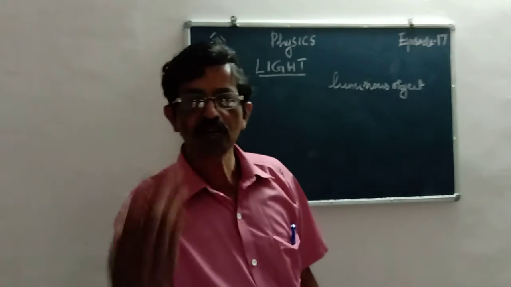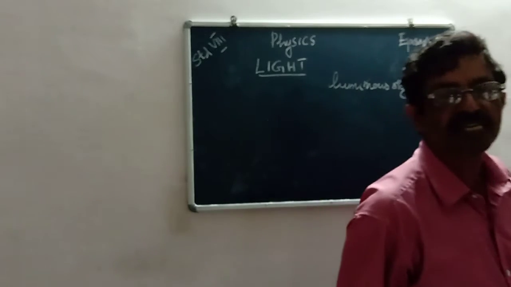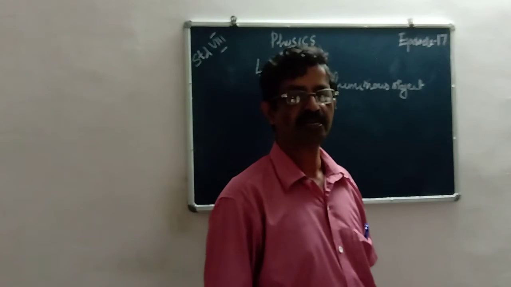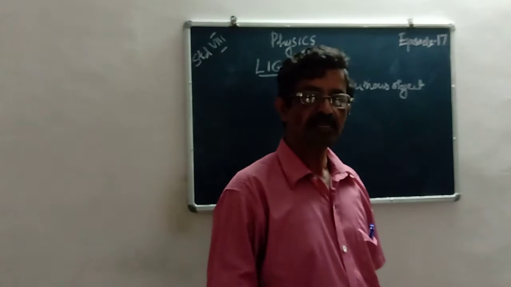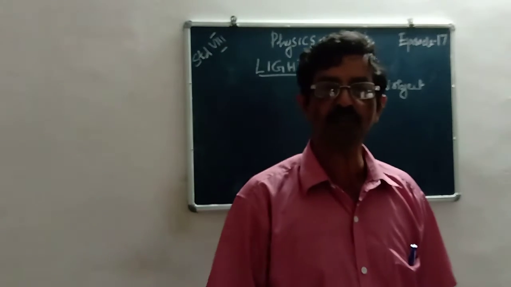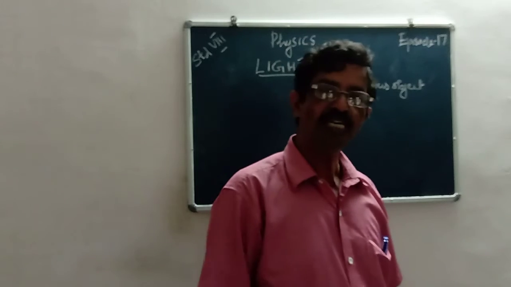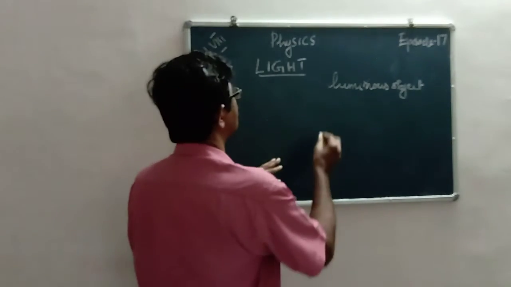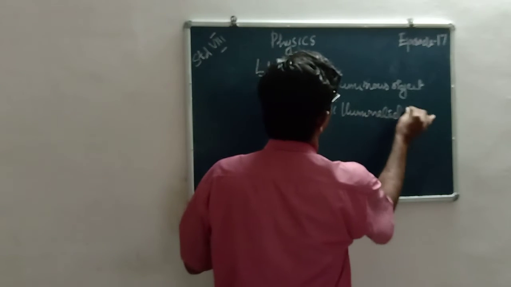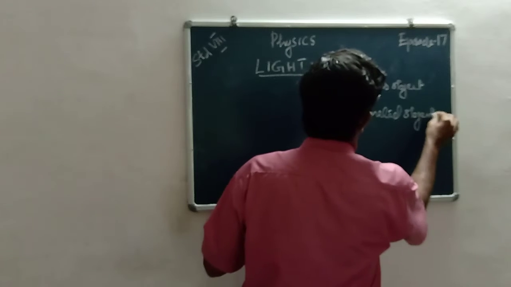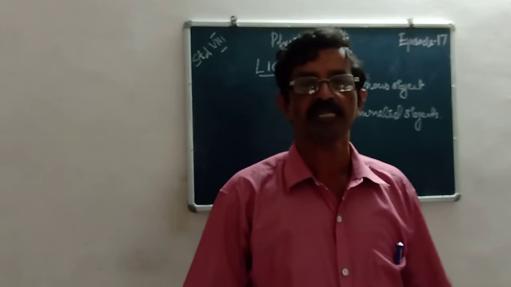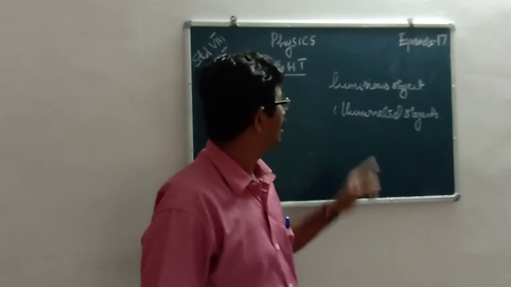But some other objects reflect light which falls on them. For example, the moon, or a book from which we can read the sentences or words. Such things are called illuminated objects. There are two different categories.